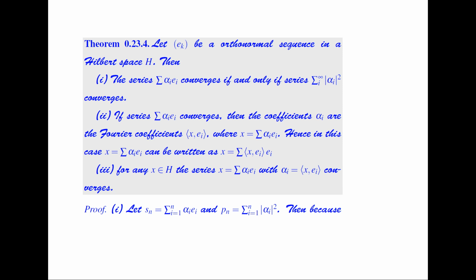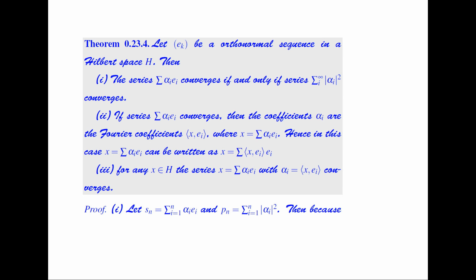So let e_k be an orthonormal sequence in a Hilbert space H. Then the series summation of alpha_i e_i converges if and only if the series summation of modulus of alpha_i squared converges. Second part: if the series summation alpha_i e_i converges, then the coefficients alpha_i are the Fourier coefficients, that is the inner product of x comma e_i, where x is equal to the summation of alpha_i e_i.